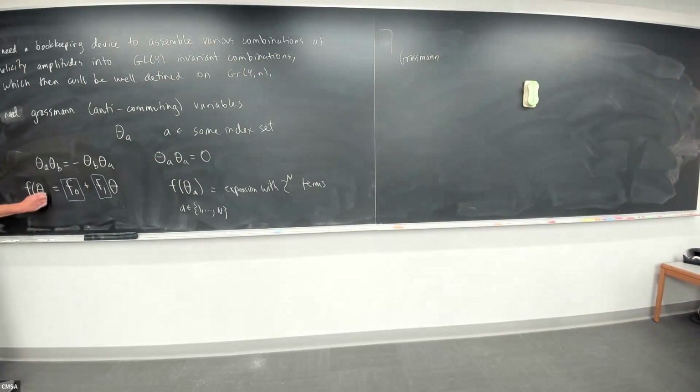If these are functions of some other ordinary variable, let's call it x, then what you're doing is encoding two different functions, f0 of x and f1 of x, into a single object. And that provides certain bookkeeping efficiencies that, amongst other things, will let us construct these GL4 invariant combinations.